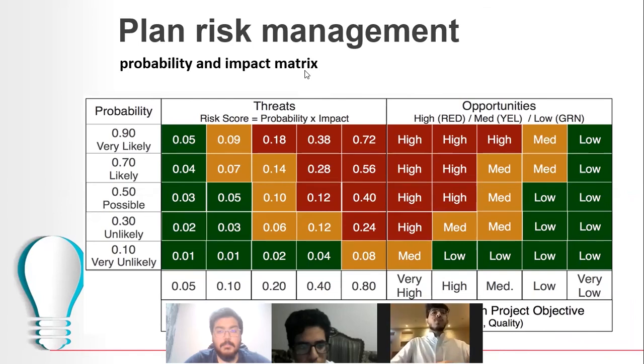Okay, I will continue. Here are plan risk management, probability, and impact matrix. We also have here probability, threats, and opportunities, as Yazeed said. Let's go to the MS project to see this in detail and with a good view.